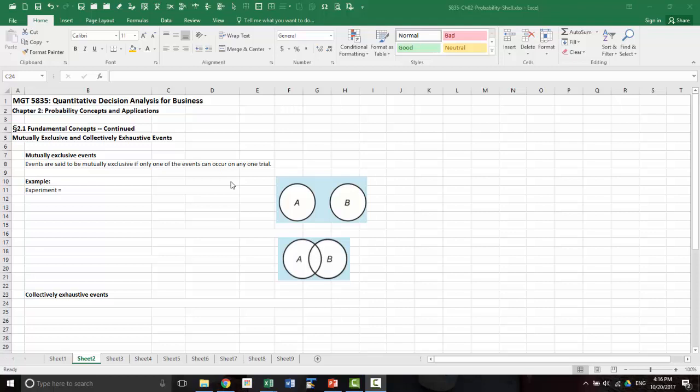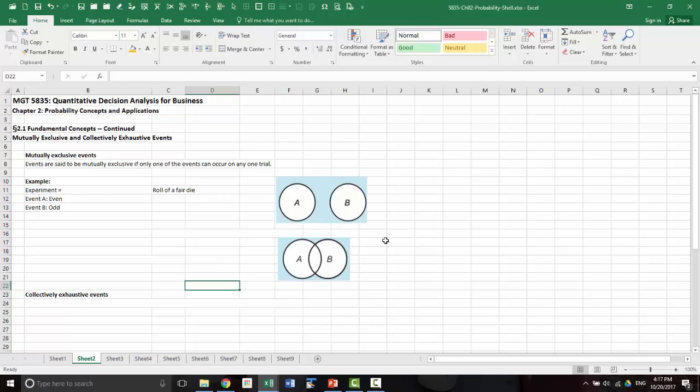For example, if the experiment is to roll a fair die, with outcomes being 1, 2, 3 through 6, and you define event A as even and event B as odd, then A and B are mutually exclusive, because if event A occurs, event B cannot occur. You cannot have both an even and an odd number on the face.